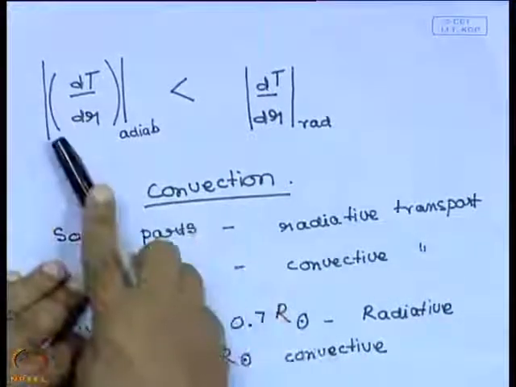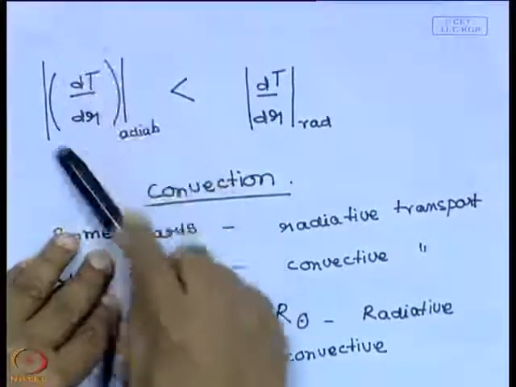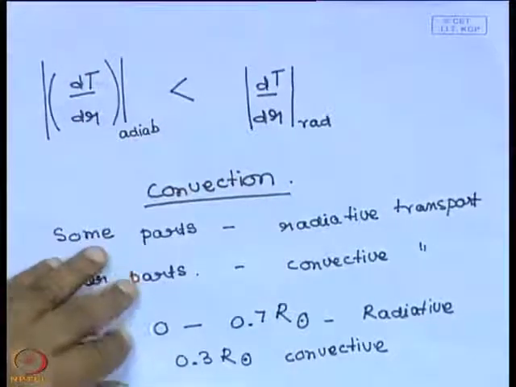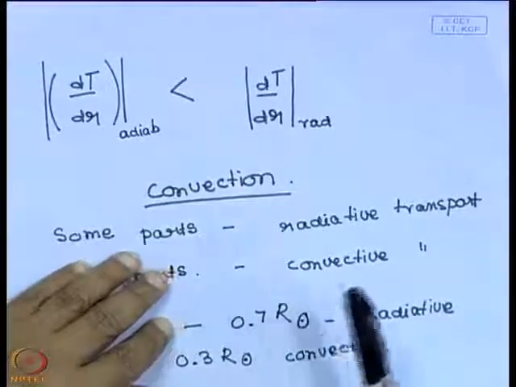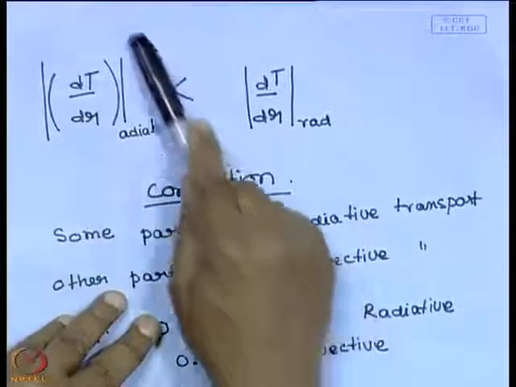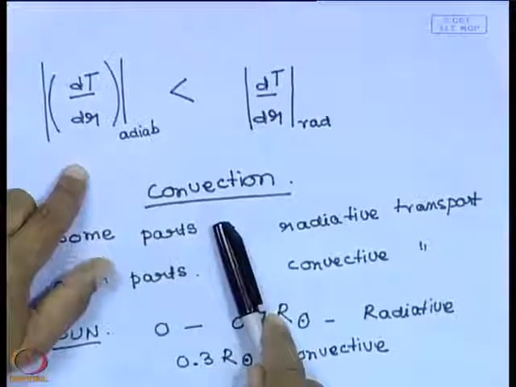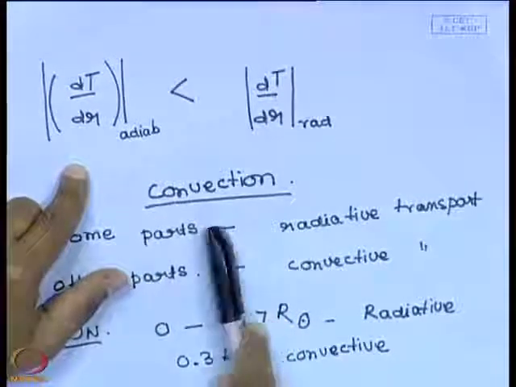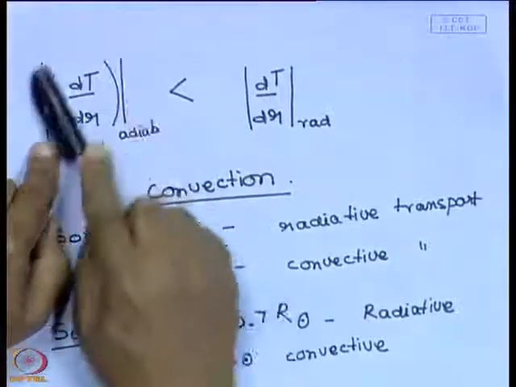So, let us now calculate the temperature gradient that is set up in such a situation. In such a situation, usually the temperature gradient reaches this value and it remains there. Okay. So, convection is a very efficient energy transport mechanism. The moment you have convection, the temperature gradient does not exceed this value.